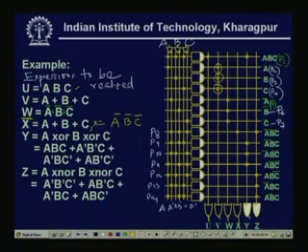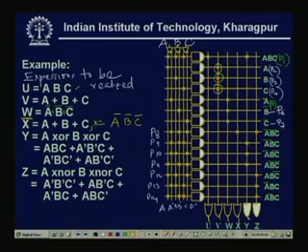Now, Y is A XOR B XOR C. If we apply the rules, it is actually ABC plus A bar B bar C plus A bar B C bar plus A B bar C bar. We know that this is actually the sum of the full adder.